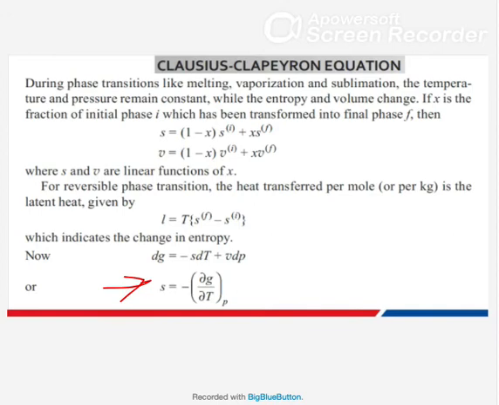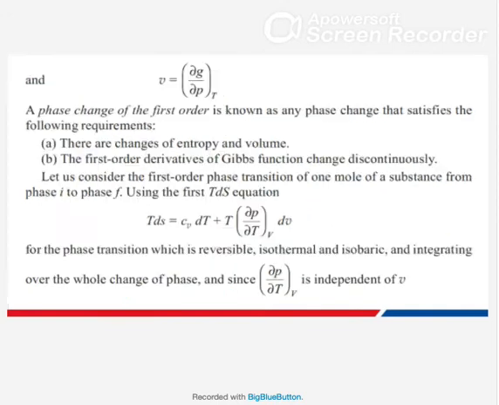One we have derived, and another we have derived is dou G by dou P at constant temperature, which is volume. So what we can say is that a phase change of first order is any phase change that satisfies the following requirements.